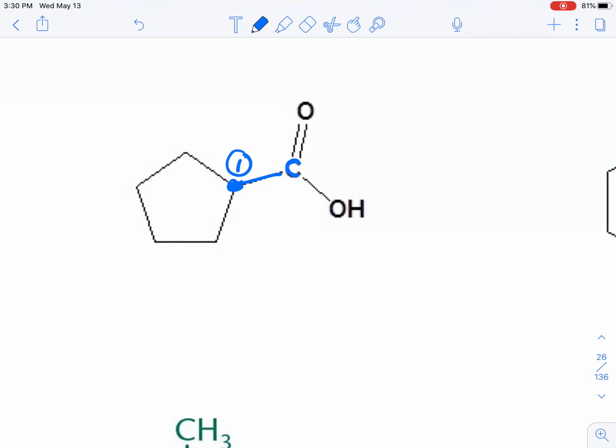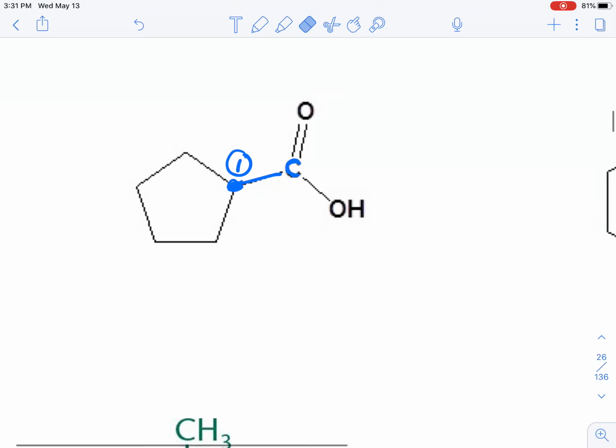And very similar to the cyclic alkanes that we've discussed in prior chapters, since we know that this functional group is always going to be on carbon number 1 for cyclic alkanes, there's no need for us to indicate the locant or the carbon number that the carboxylic acid is covalently bonded to, just because it's always on carbon number 1.